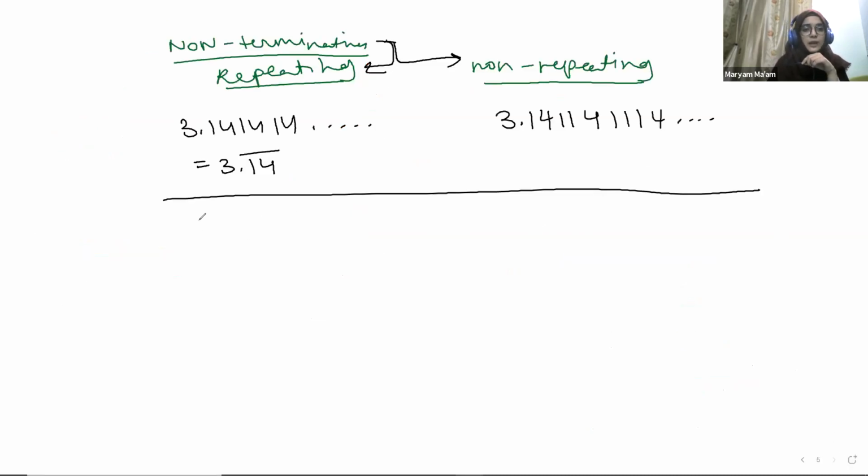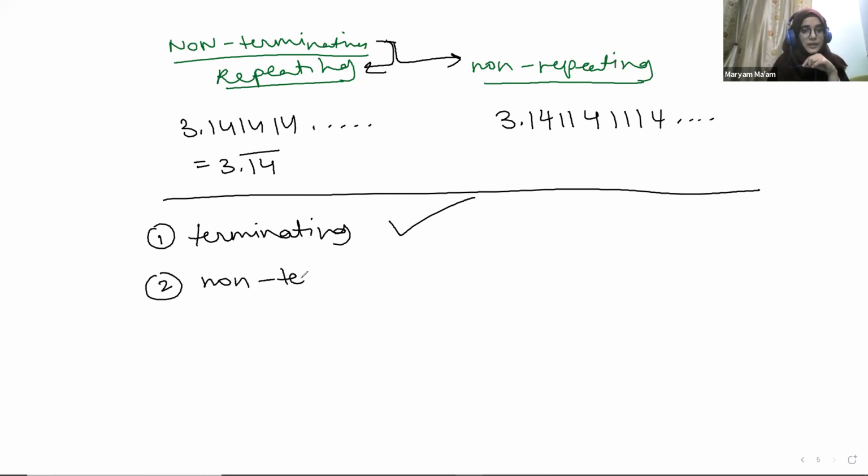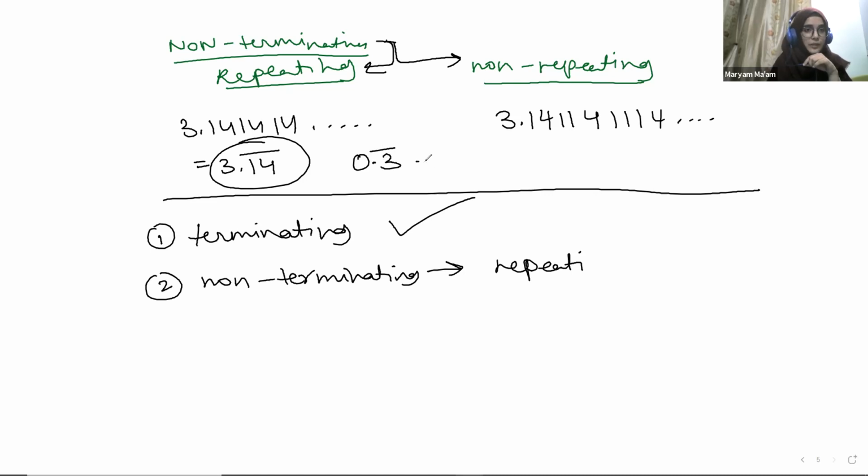If it's a decimal and it is terminating, then it is rational. This is the first case. Otherwise, if it is non-terminating, as in it goes on forever, then it has to be repeating, like 3.14 bar or 0.3 bar, right? 0.3 bar, as we said, it is 1 by 3.